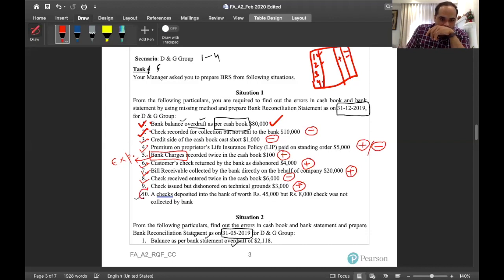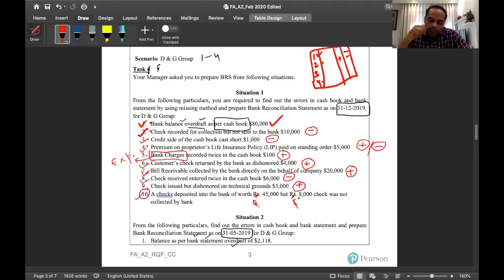Now, number 10, the last. A check deposited into the bank worth $45,000, but an 8,000 check was not collected by the bank.